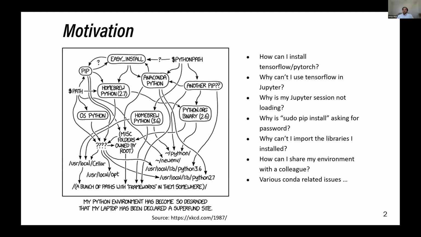Why can't I see my PyTorch installation in JupyterHub? Why can't I do sudo pip install? When we started getting this large volume of tickets, we had to stop and think about how we could help the researchers, students and faculty better. So what are the problems that we are facing?